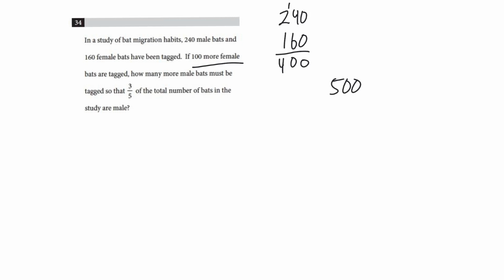And of those 500 bats, there are 240 male bats. But that is clearly not 3/5, right? The male bats to total bats is something like 12/25. So we want to tag more male bats.